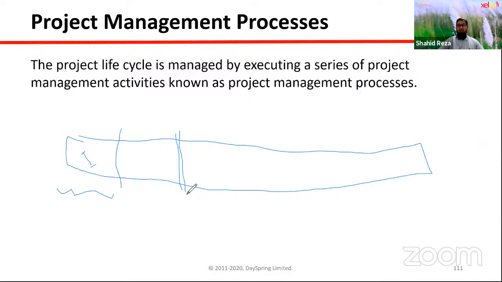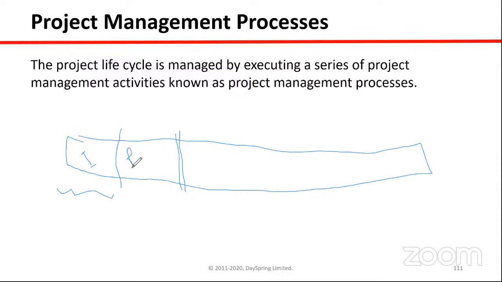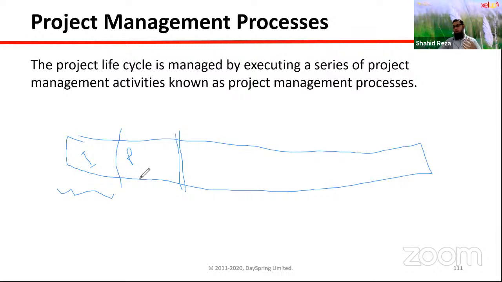After initiation, what do we do in every project? Any project you did, you can find this pattern. The second thing is planning. How do you do the job, do the project? So planning is the second pattern we see in any project. Even in our day-to-day life, small work we do, we actually do the planning.